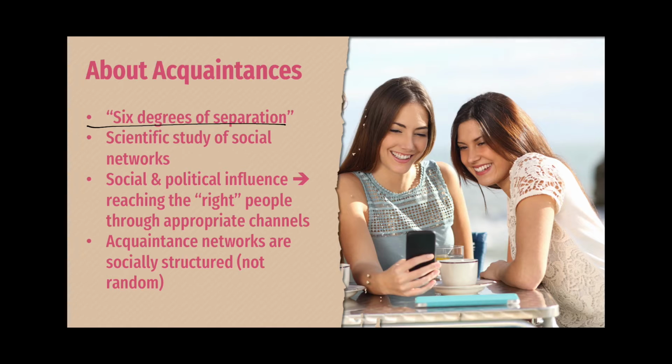To connect A to B, you would need at most six people in between for you to reach person B. That is the basis of this section. It also says that we can exploit that concept to study the likelihood of innovations.